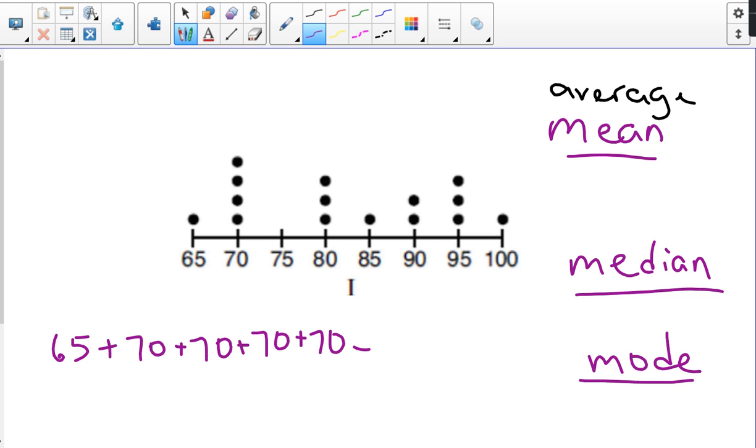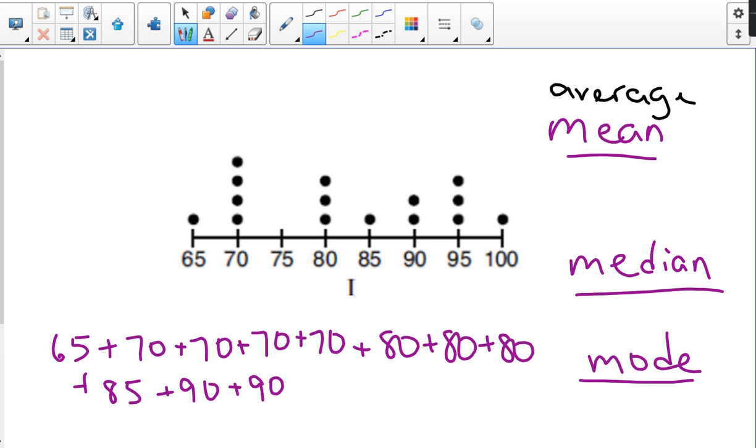There are 3 dots by 80, so that means I need to add 80 3 times. Okay, there's just 1 dot by 85, 2 by 90, that means 2 students scored a 90, so I need to add 90 twice. 3 got a 95, so I need to add 95 3 times. And 1 student got 100, okay?